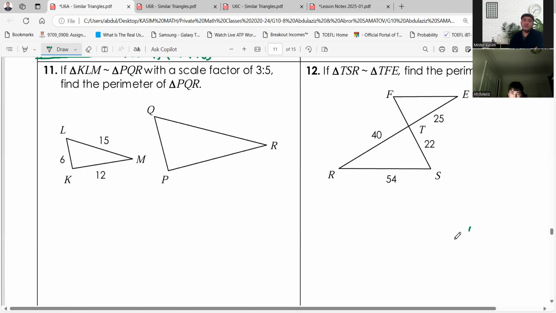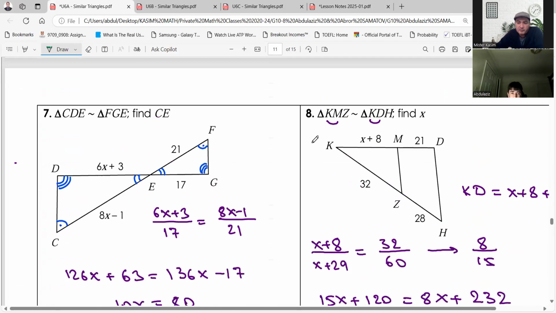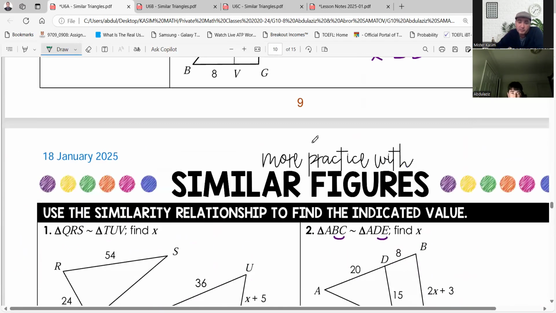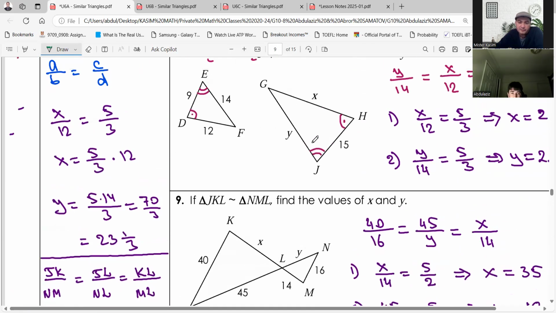First, we have to find the perimeter of PQR, right? Yeah. Okay. So that means suppose that the perimeter of the first triangle is, let's say, P1. And the perimeter of the second figure is P2. Abdul, if you remember, we also have one rule here. We derive that rule from the definition, right?